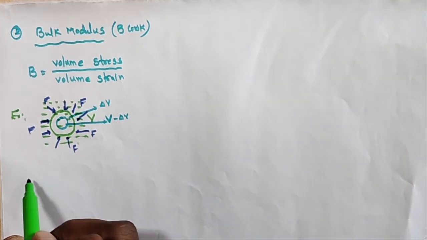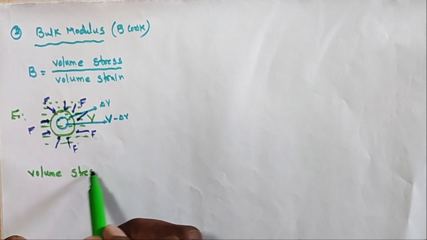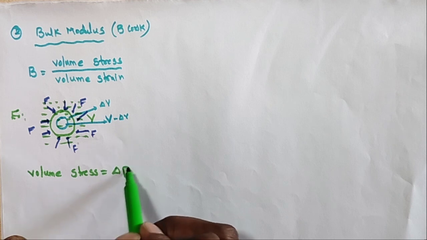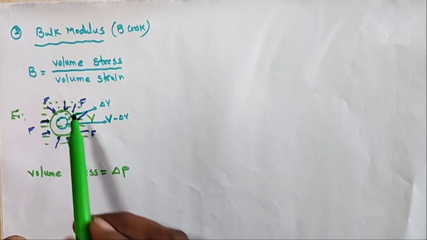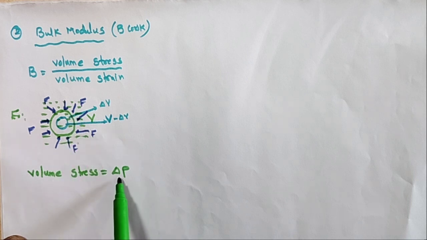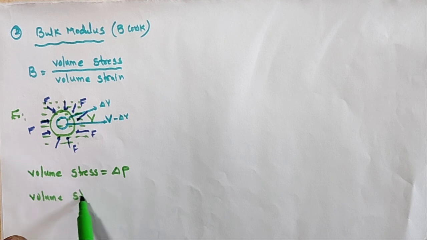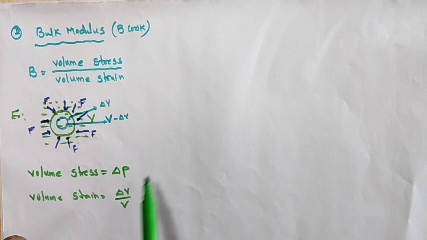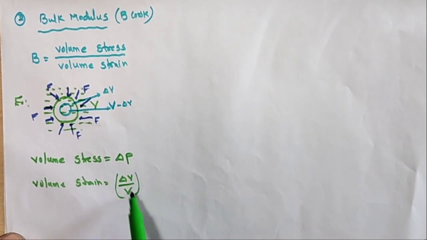So how much volume stress is acting? Volume stress is delta P. The force acting per unit area normally is called volume stress, which is equal to the hydraulic pressure, I am taking delta P. And volume strain is equal to delta V by V, the change in volume by the original volume, taken with a minus sign.